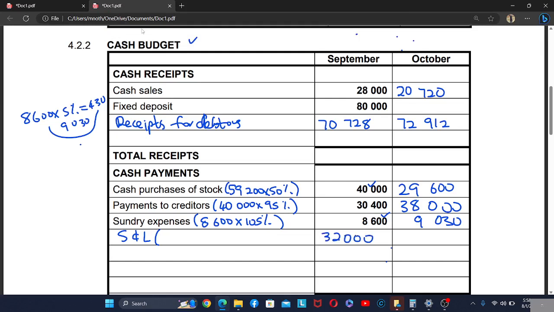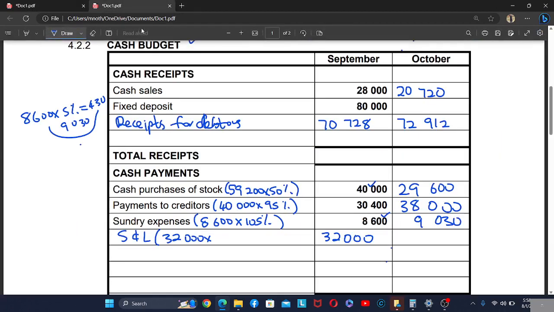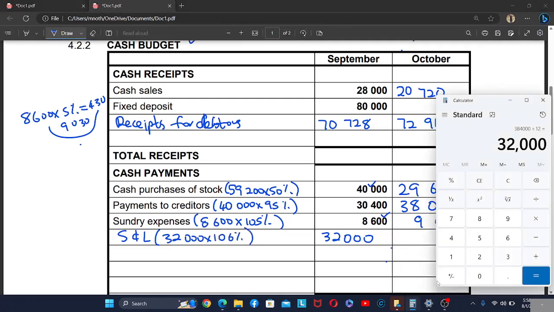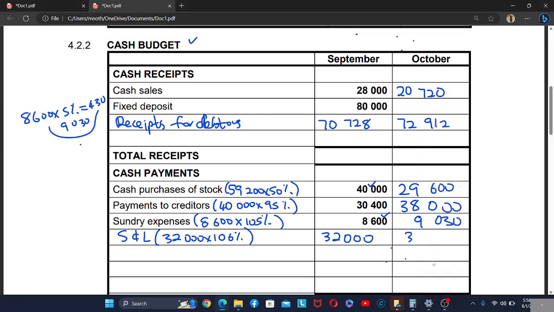But then from October, they will increase by how much? 6%. So this means that you're going to say multiply by 106%. So 32,000 multiplied by 106%, it is going to be 33,920.